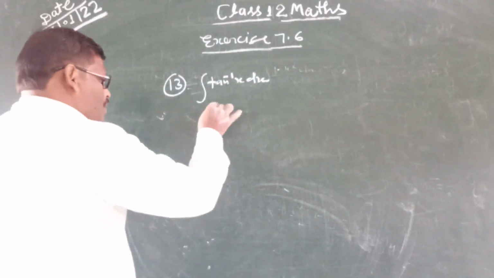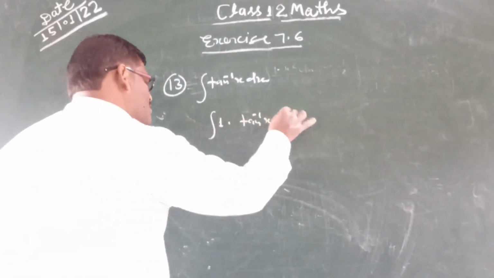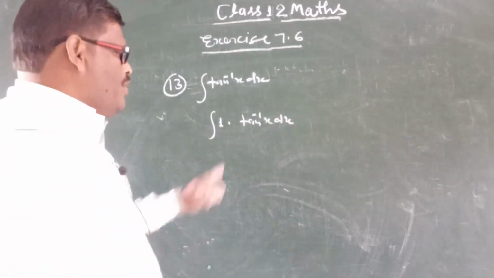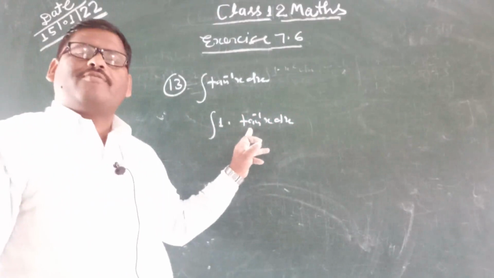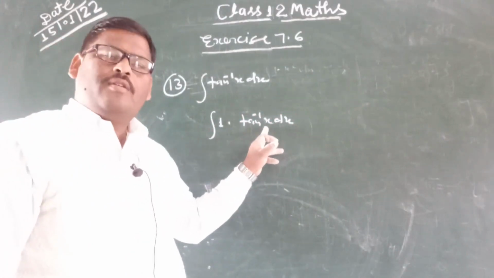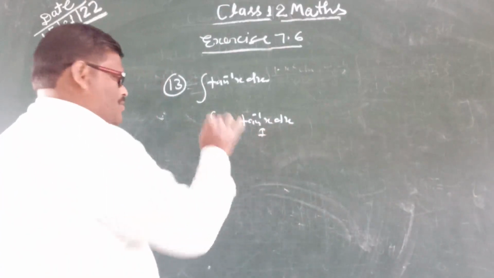Now 1 multiplied to this tan inverse x dx, which is the first function and which is the second? As you know, d/dx of tan inverse x is equal to 1 upon 1 plus x square. Therefore, tan inverse x is the first function and 1 is the second function.